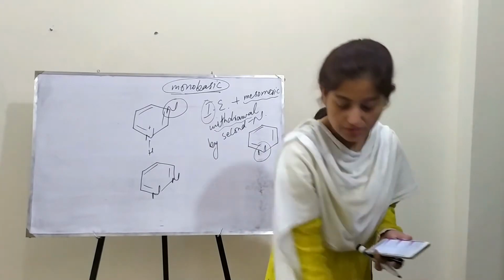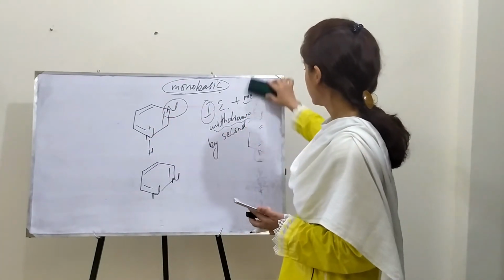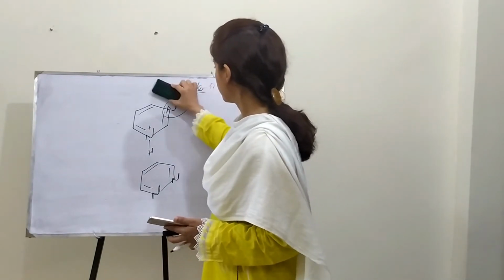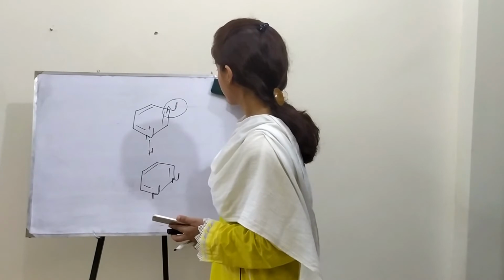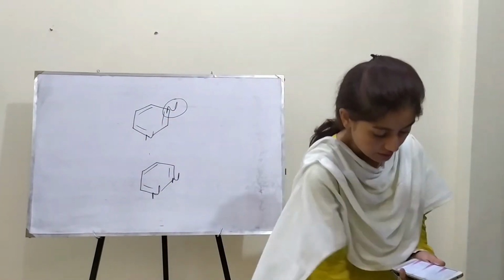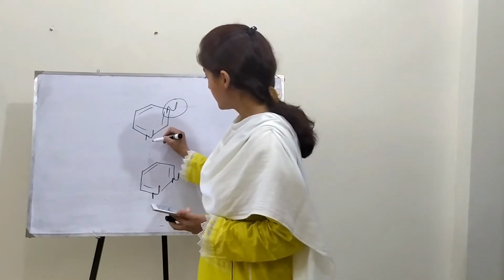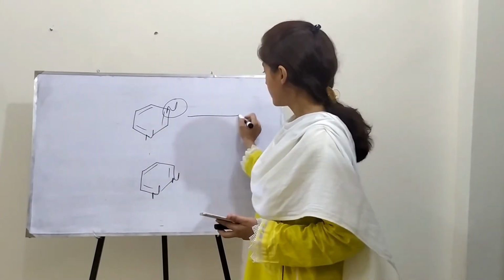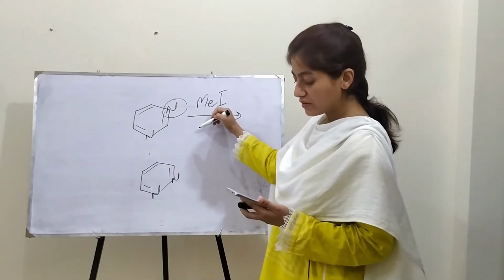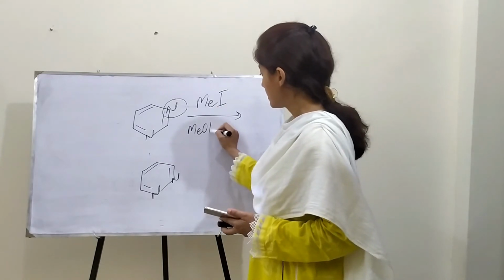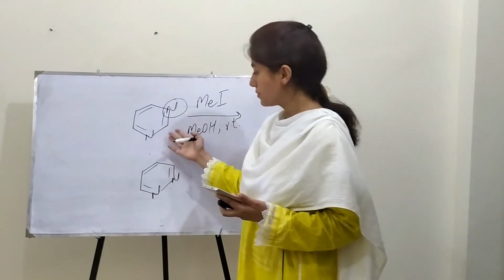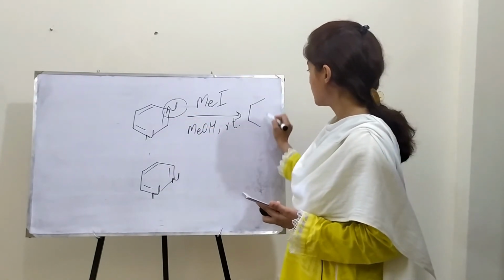If we see the examples, in the case of this pyrimidine, under normal conditions, when it reacts with alkyl halides, for example, methyl iodide in methanol at room temperature, only monobasic character is shown by this.